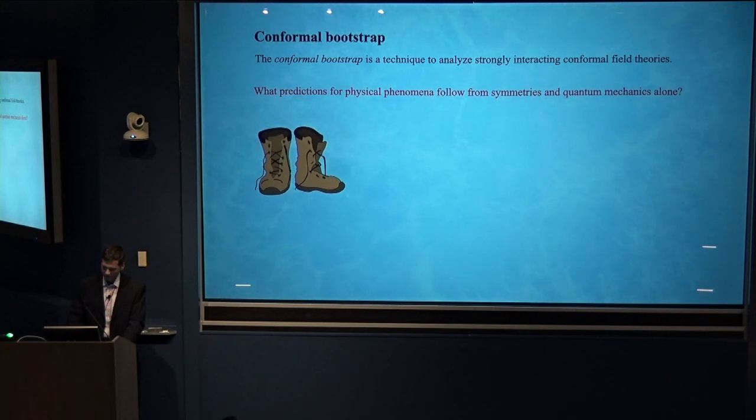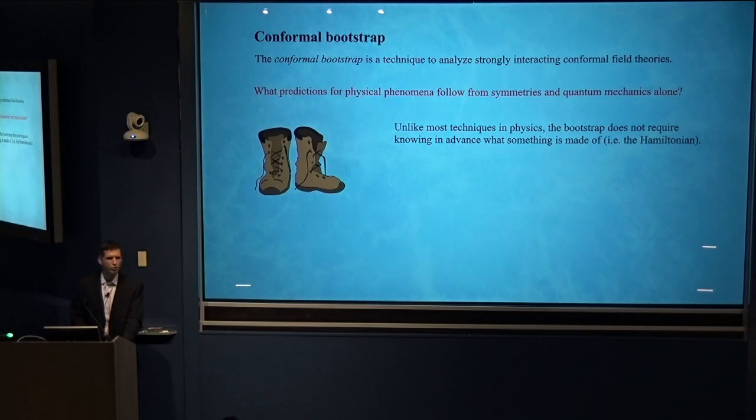It sounds too good to be true, but in fact, the bootstrap approach, unlike most techniques in physics, doesn't require knowing in advance what something is made of. In other words, you don't need to know the Hamiltonian that describes the system.